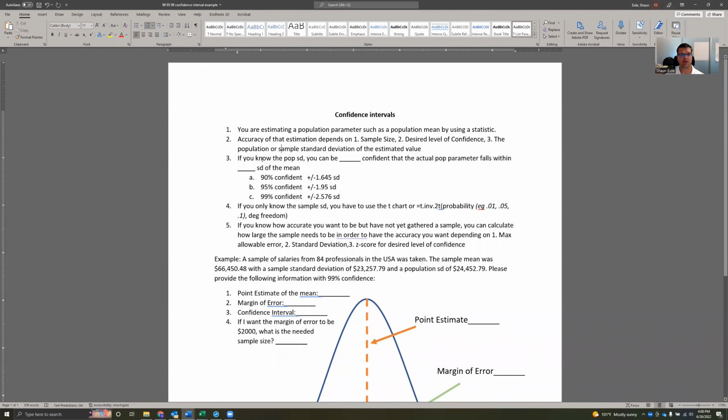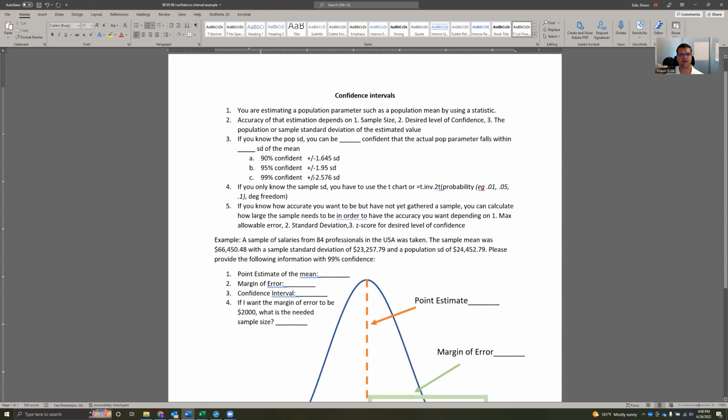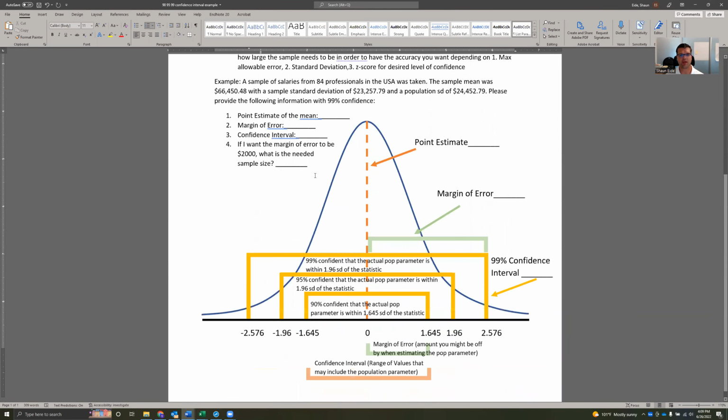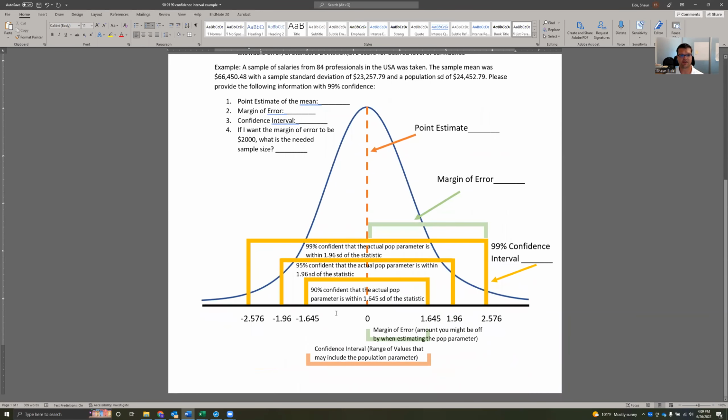So if you know the population standard deviation, you can be blank percent confident, 90% confident, 95% confident, 99% confident that the actual population parameter falls within blank standard deviations of the mean. What we have right down here is very similar to what we did in Unit 1 and Unit 2, but now we've got a population and a point estimate of a population parameter.